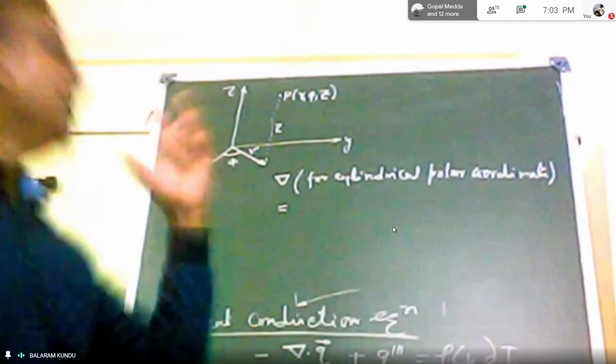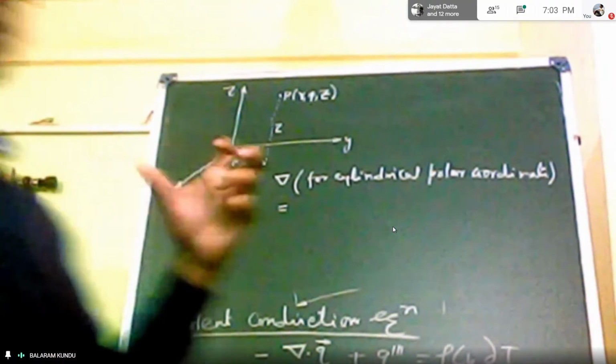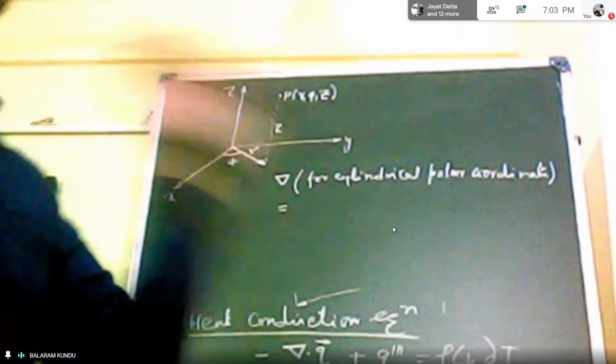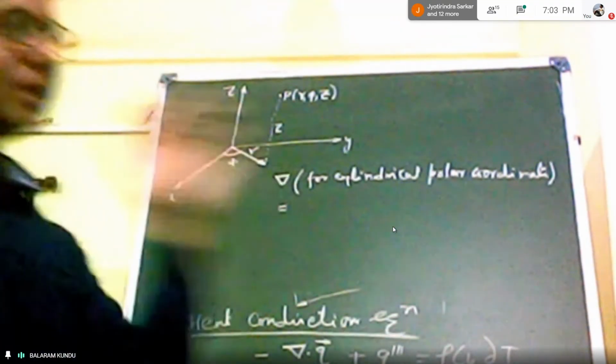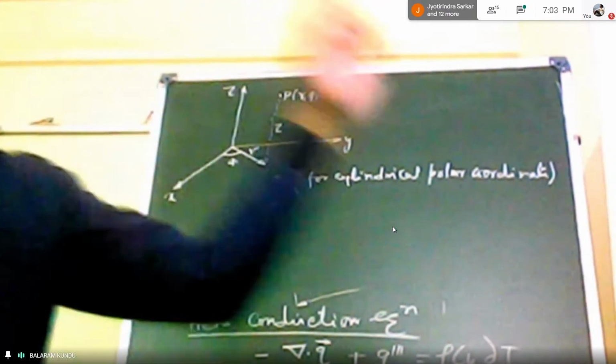In the case of cylindrical polar coordinates, i should be replaced by e_r, the unit vector acting in the r direction.